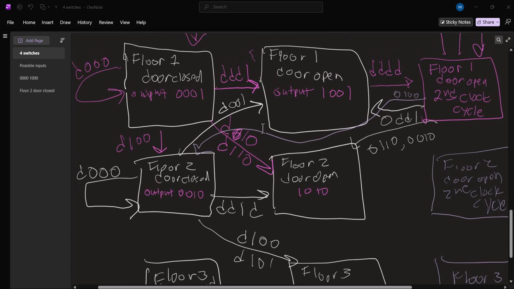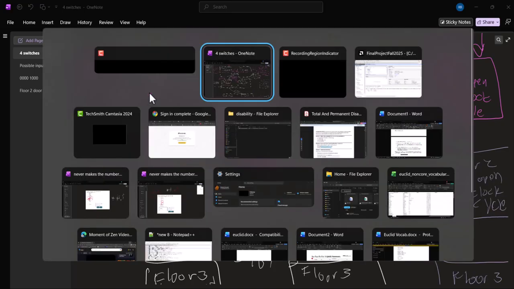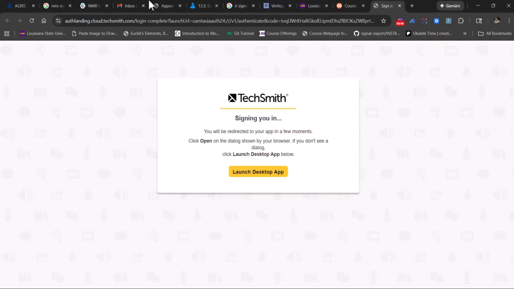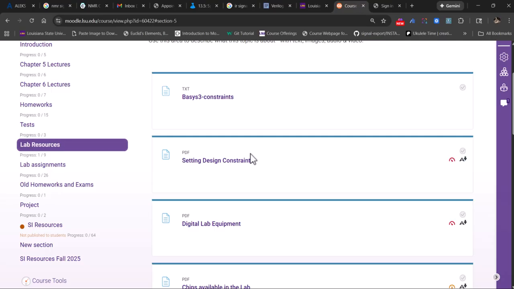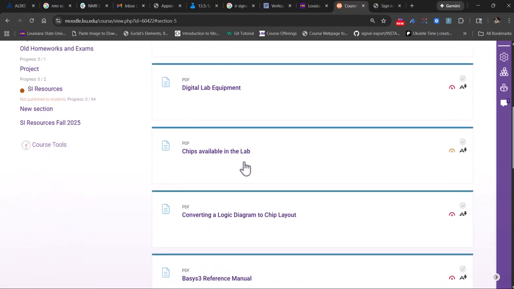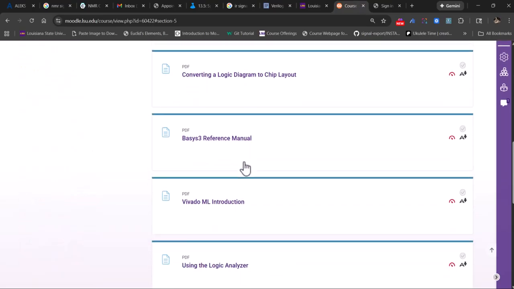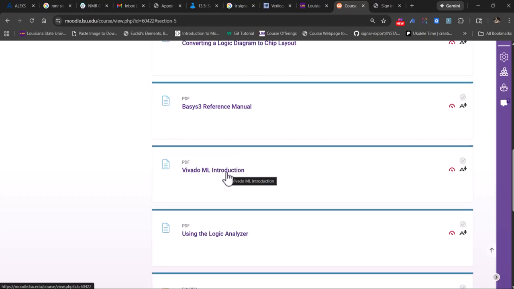Another thing we talked about was the constraints, but I will walk you through that because it's pretty straightforward. You need to have the right kind of clock, and to get the clock, you go to this PDF in the Moodle.